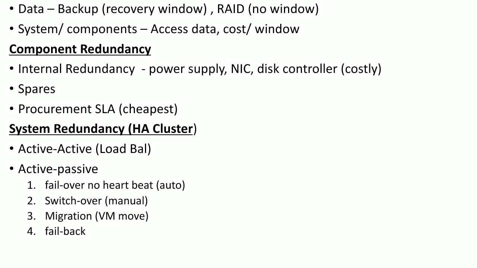The second option is active-passive. It means that one system is primary and the other is secondary, and the secondary system is in standby mode. It is not processing the data, but it is getting the heartbeat from the primary system.